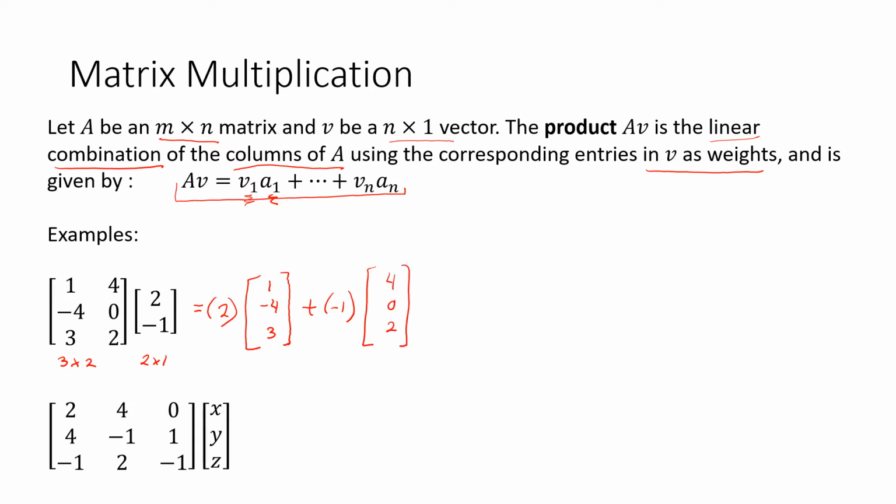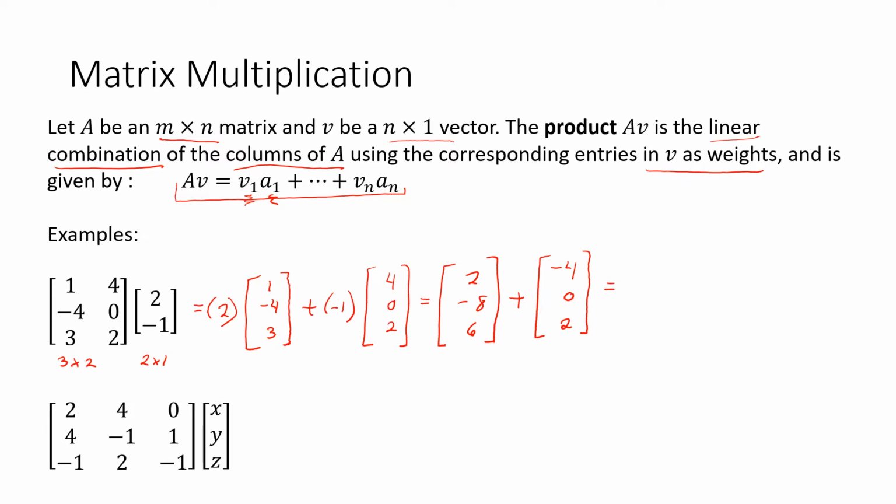And notice what we have now. This is a linear combination of the columns of A. So now we know how to do these multiples. We can take a number times that first vector, which gives me 2, -8, 6, plus the second one is -1 times the second vector, -4, 0, 2.